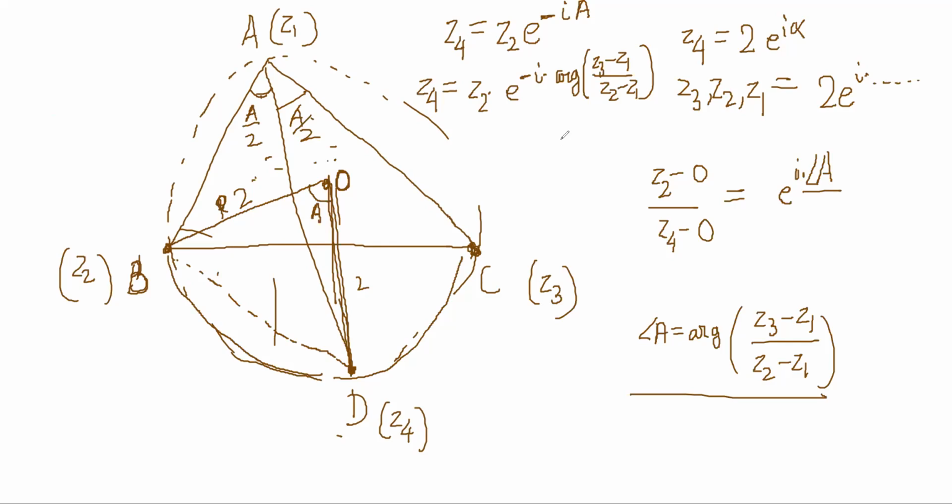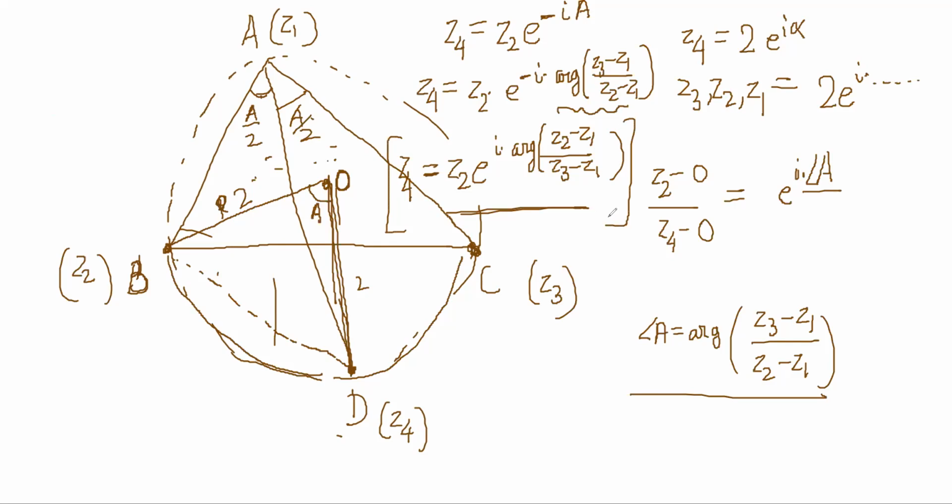Yes. Now, this part you have to simplify a little to get a nice looking answer. So this is correct, but it doesn't look very great. e power i argument of Z2 minus Z1 by Z3 minus Z1, right? I have included the minus inside. That is my Z4, right? Yeah. So, makes sense.